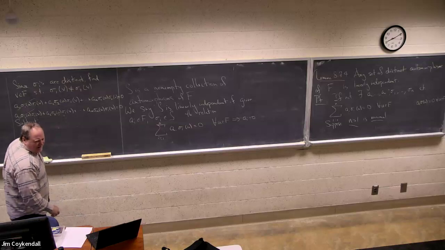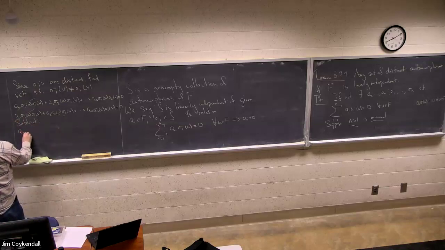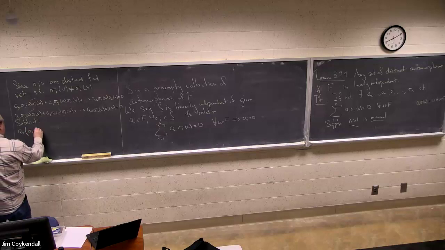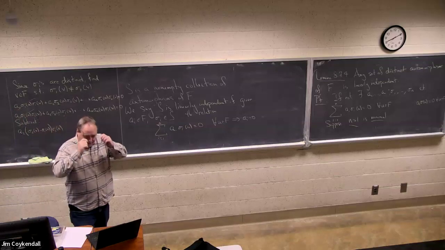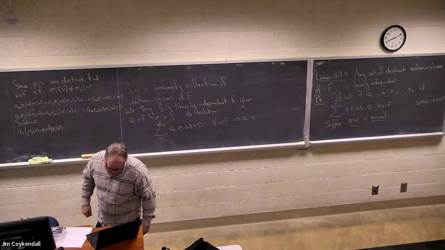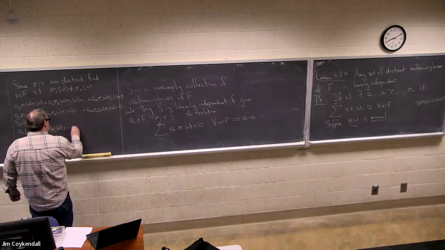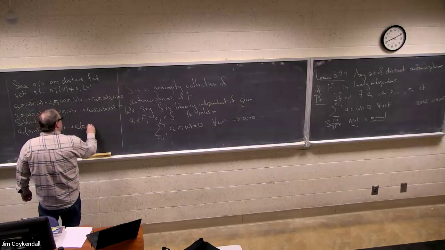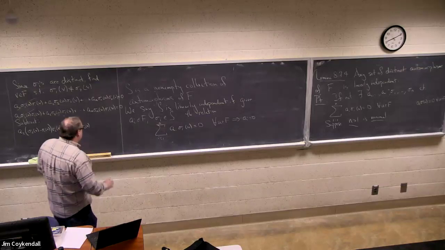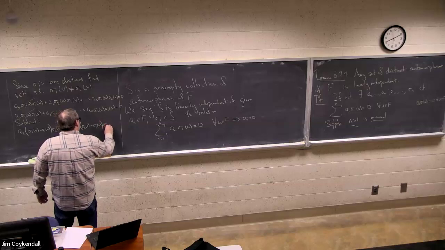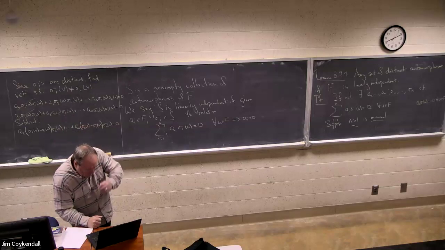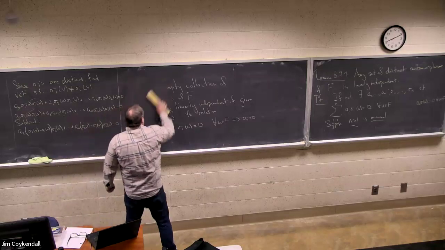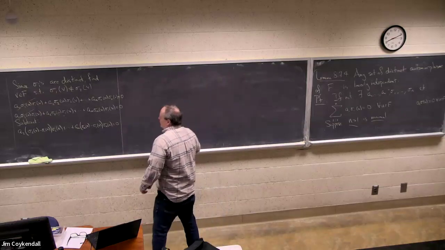To get A2 times (sigma 2(v) minus sigma 1(v)) times sigma 2(u), all the way up to An times (sigma n(v) minus sigma 1(v)) times sigma n(u).